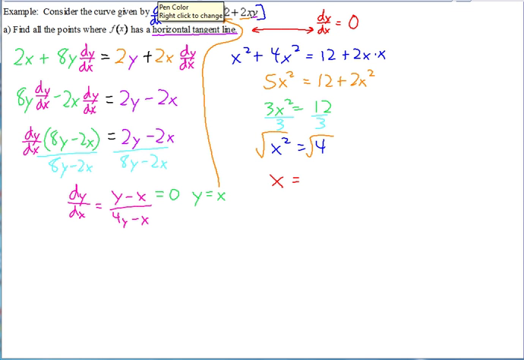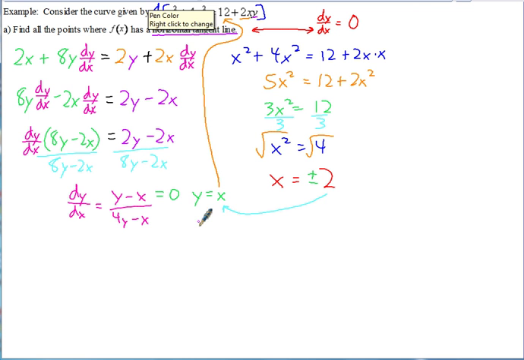square root of 4 is 2, but don't forget whenever you take the square root of both sides, you need that plus or minus. So plus or minus 2. So there's actually two x coordinates, 2 and negative 2, that will work here, that will make the derivative 0, so we'll have a horizontal tangent line. And then you just plug them back in the simplest place, right here, to find the y coordinates.